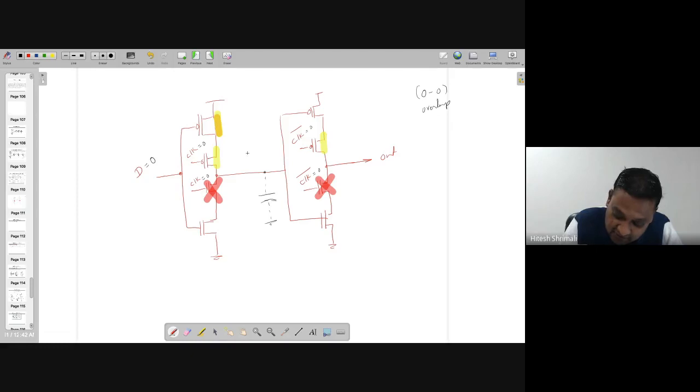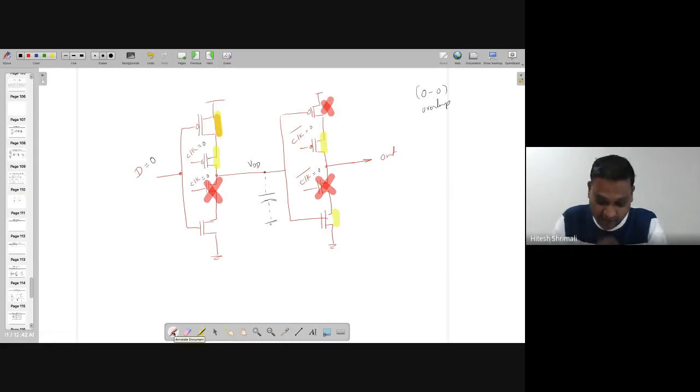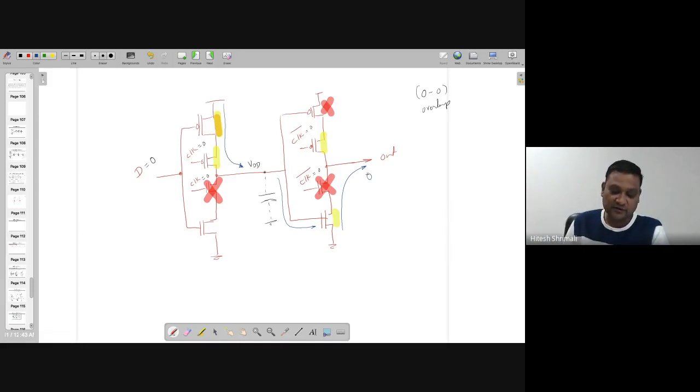Because of this connection, this is VDD. If this is VDD, this transistor is going to be on and this transistor is going to be off. This particular node is charged to VDD, and this other node, because of this transistor, is going to be 0. So even if there is overlap, the output is actually what you wanted.